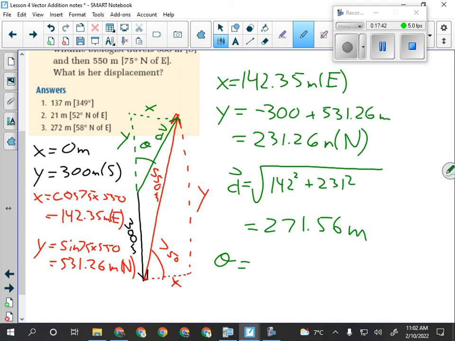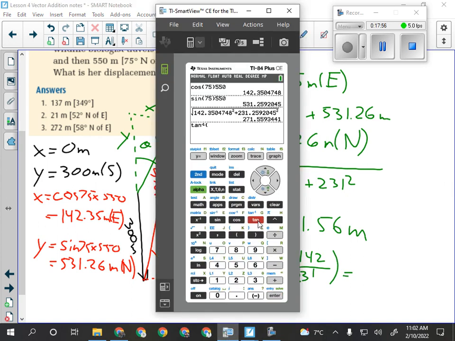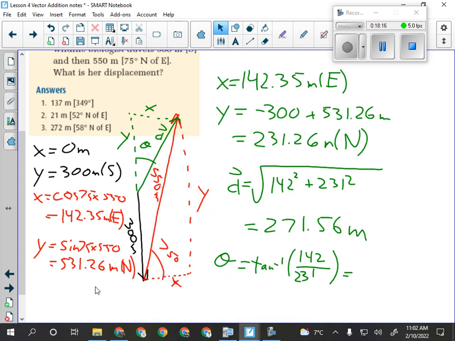The way I drew that, x is opposite, y is adjacent. So tan to the minus 1 of 142 over 231 will give me an angle. So we're looking at 31.6 degrees.